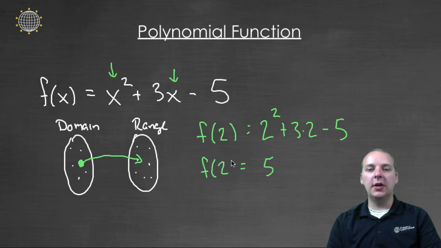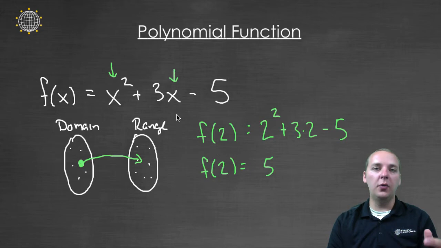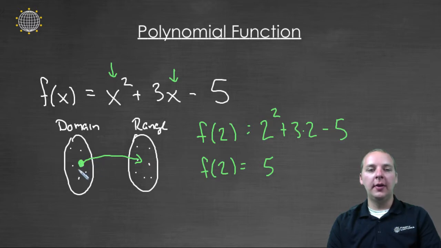So if we evaluate the polynomial at 2, which we've done for a long time now, our output is 5. You could now evaluate this polynomial at 3, or at 4, or at 10, or negative 8, or wherever. In my diagram, 2 would be in the domain, and f of x would send that x value over to 5 in the range.